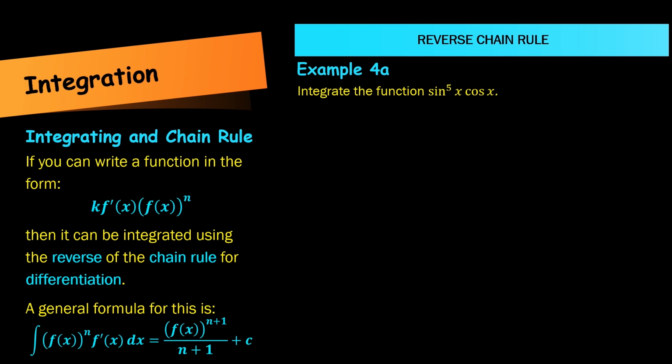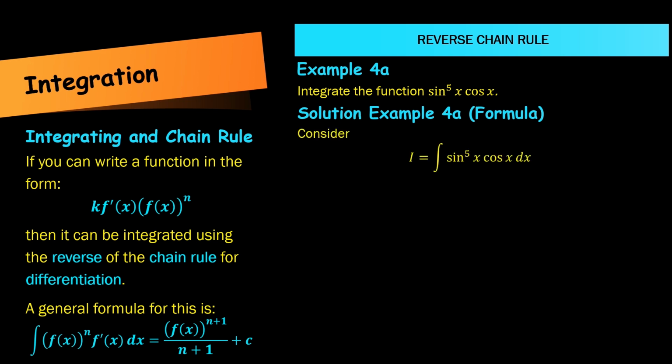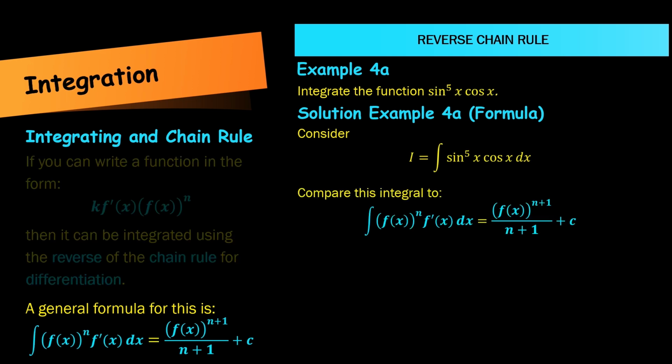So let's solve this using the first method. We begin by putting I equal to our integral and then compare it to the formula that we have. Notice that we have sin x to the power 5, but we also have in our formula f of x to the power n.